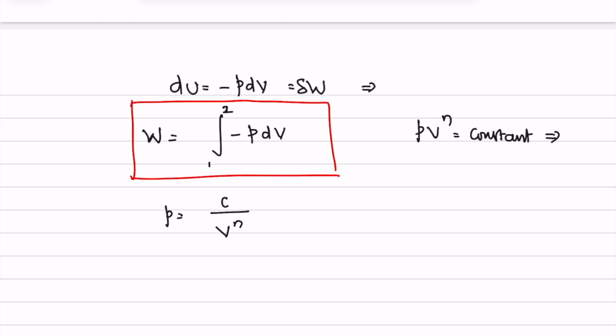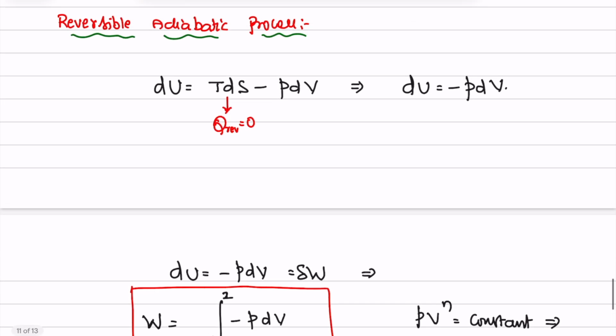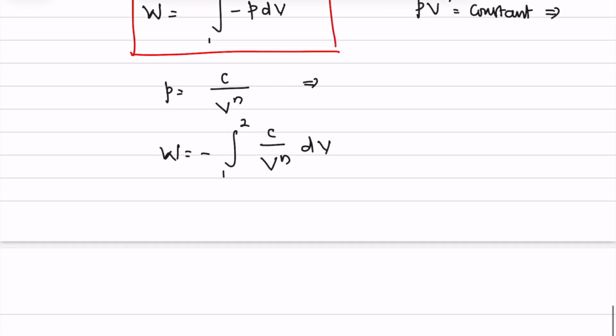That implies work done is equal to minus integral 1 to 2 of C by V to the power of n dV. That n can be 1, 1.5, 1.4, or it can be gamma also. This is where adiabatic. What we are talking about? Reversible adiabatic process.